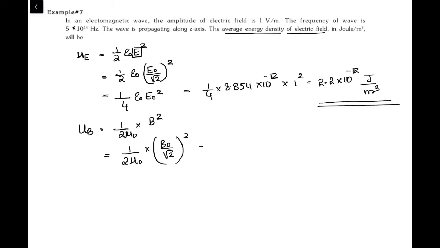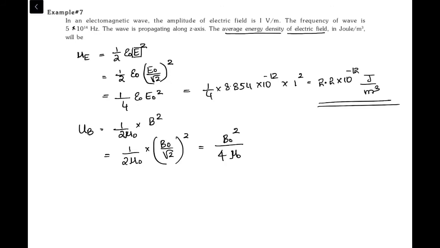What will be that? It will be equal to 1 by 4 mu 0 in the denominator, B0 square in the numerator. Is it correct? Yes. So that is the average energy density due to magnetic field.